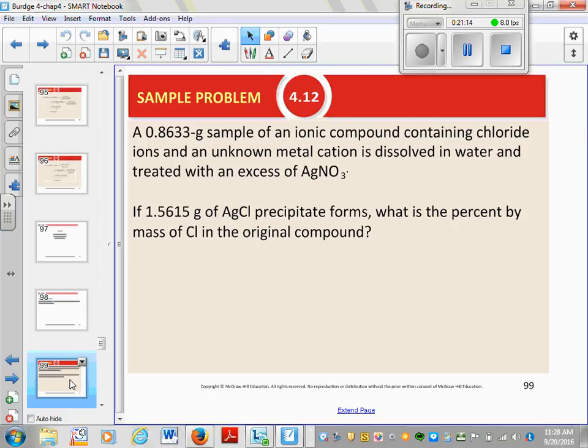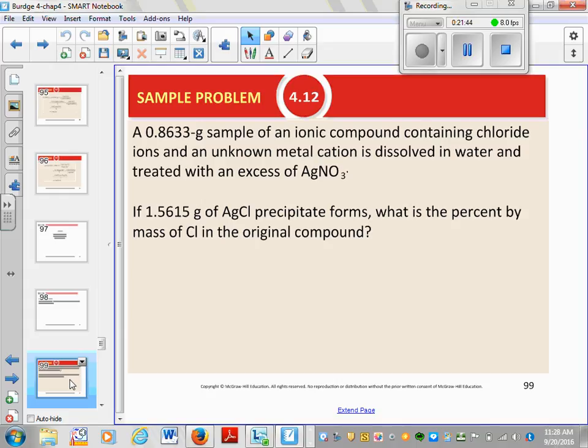We're going to do percent chlorine again. Now we're not talking about this, we're talking about silver chloride. So if I'm going to do the composition of silver chloride, for chlorine it would be the weight of chlorine from the periodic table, which is 35.45, over the weight of silver chloride.